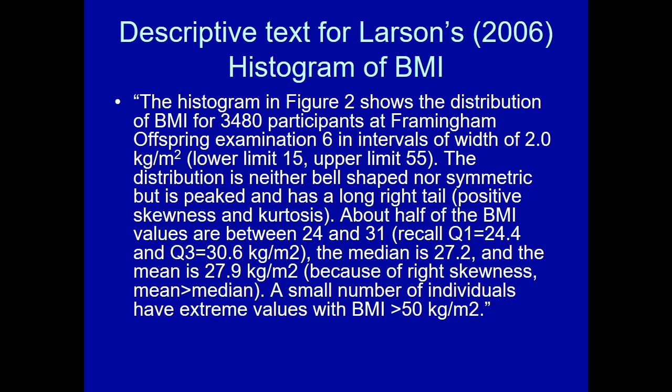Since the data was skewed to the right, the mean is higher than the median. And there are a small number of individuals who had values greater than 50, which is extremely obese in terms of the data here.